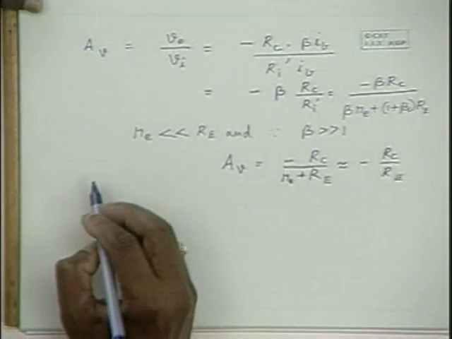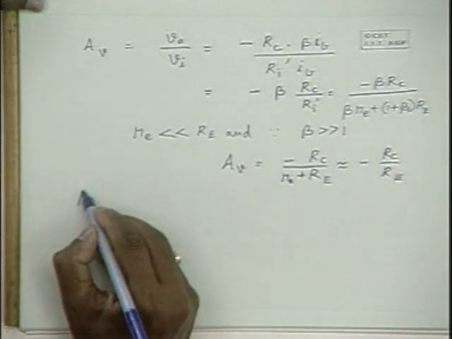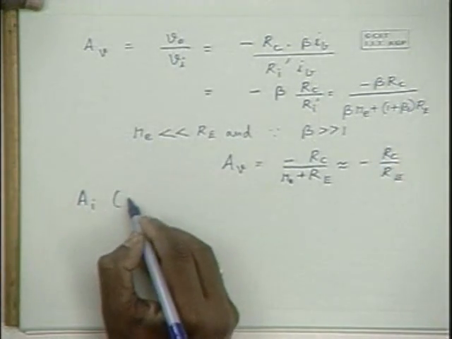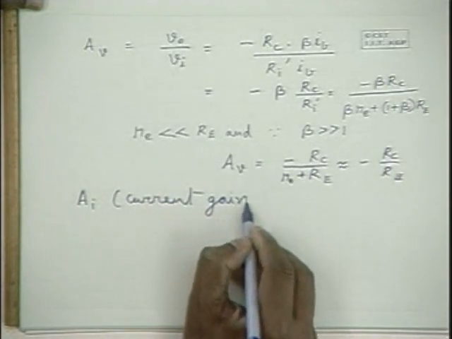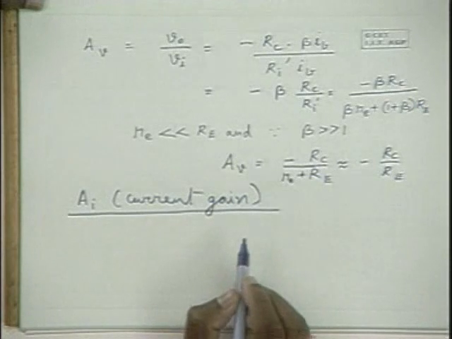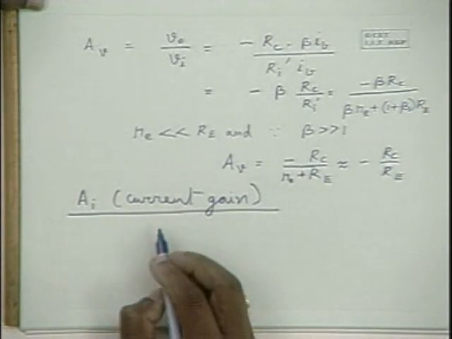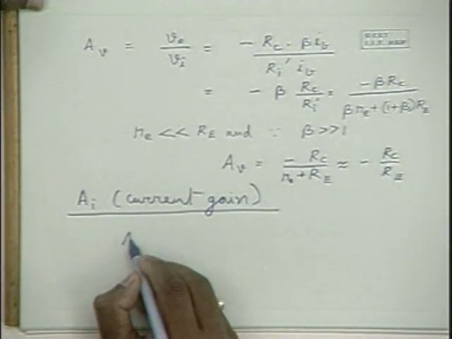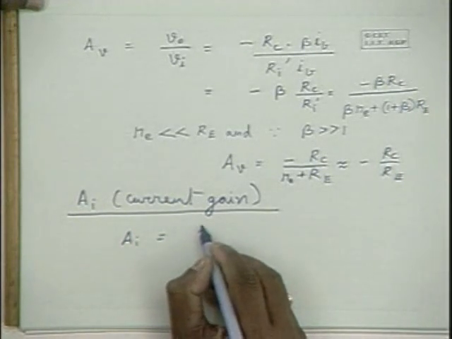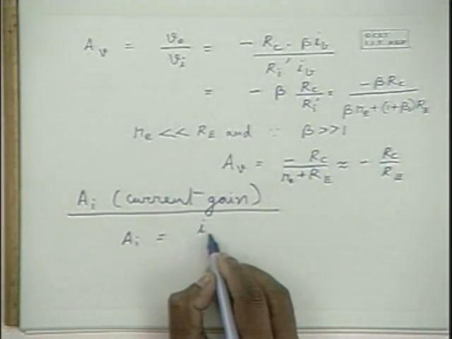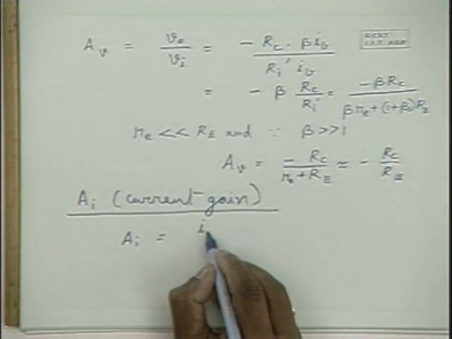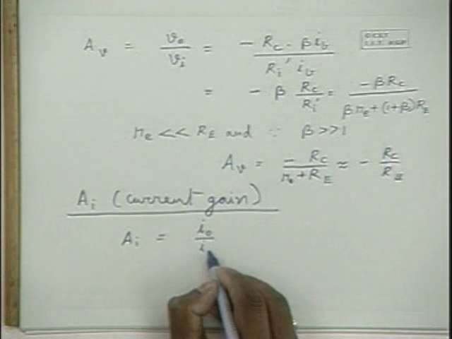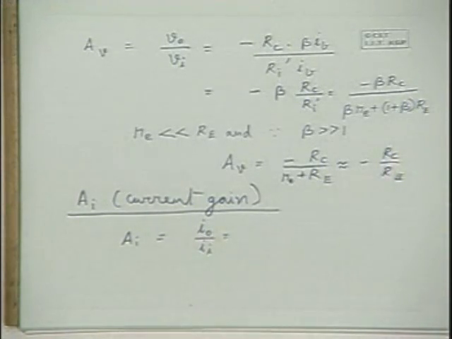Now let us find out an expression for the current gain. The current gain expression can be obtained from the output current to input current ratio.